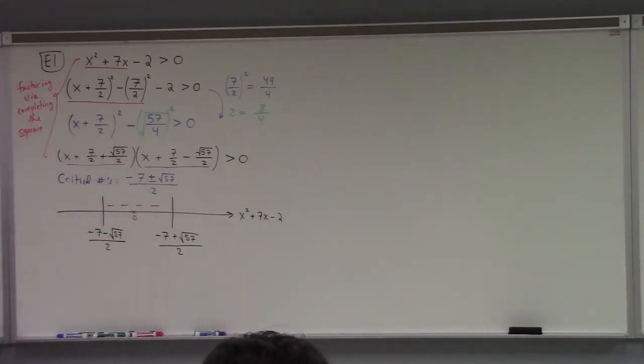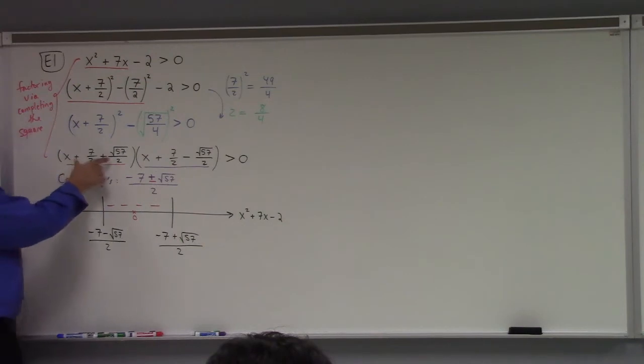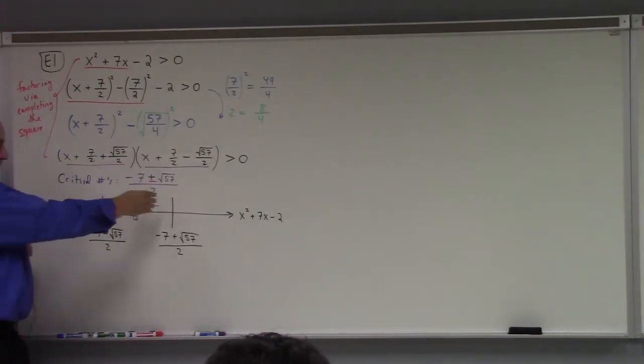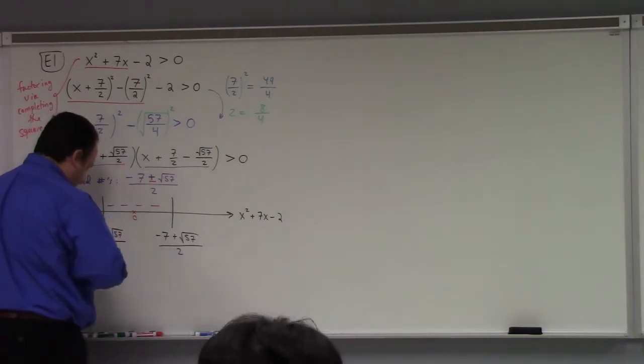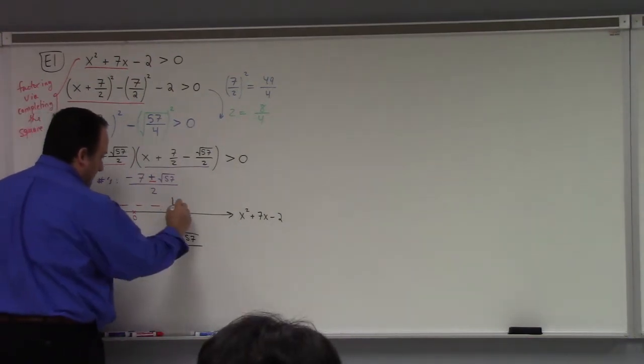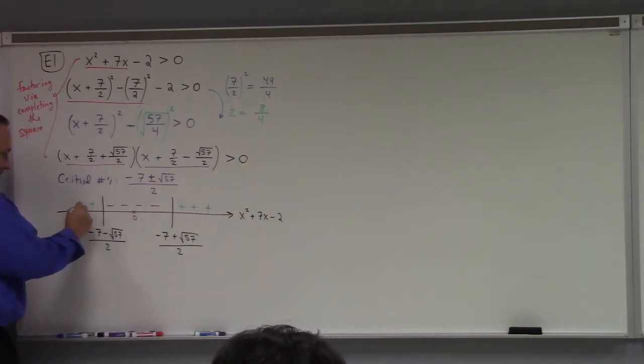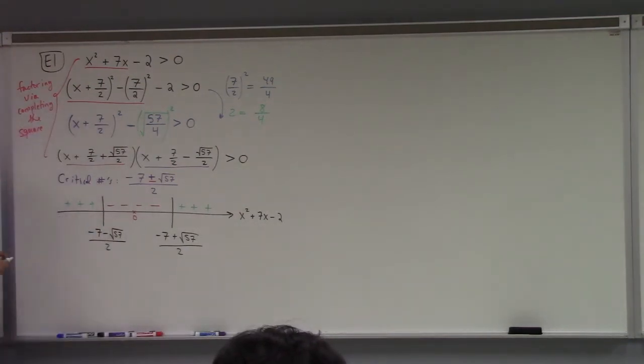Now what? Well, these are both power 1 and power 1, which means we flip signs at both critical numbers. So we go from minus to plus here, and we go from minus to plus over here as well. All right, now I've completed step 3 of the roadmap for solving a nonlinear inequality.